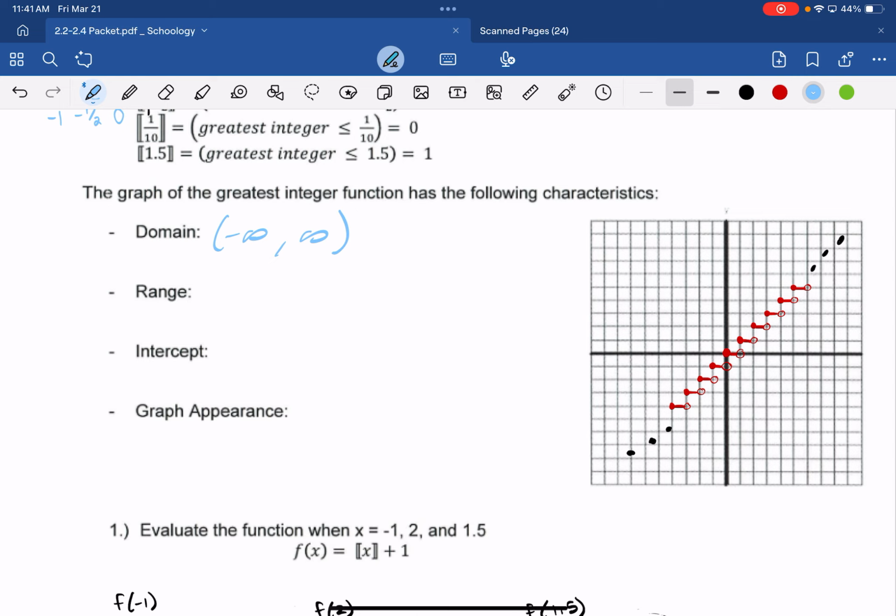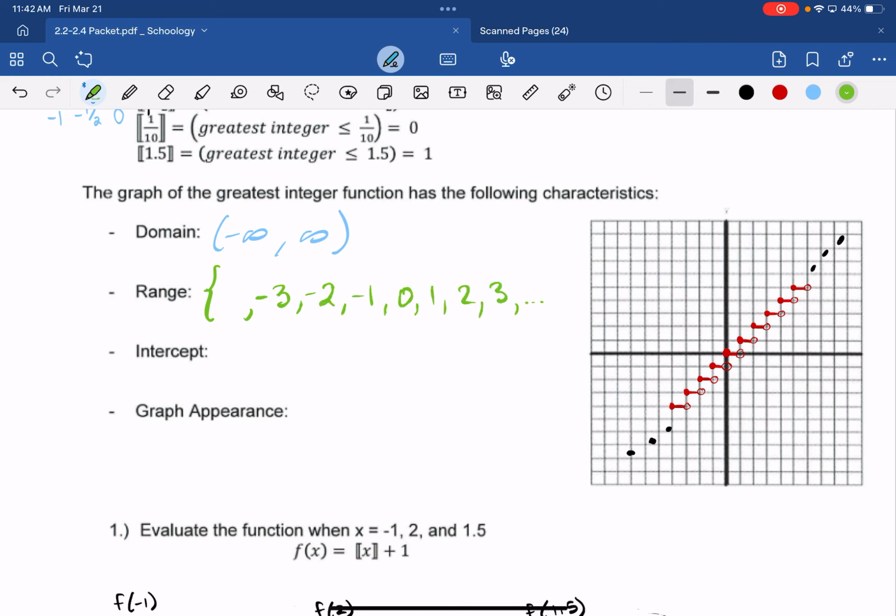The range is a little trickier. What are all my answers going to be? What did I say? All like what? All the whole numbers. All the nice numbers, all my integers. We represent that in set notation. And we're just going to list a couple of them.